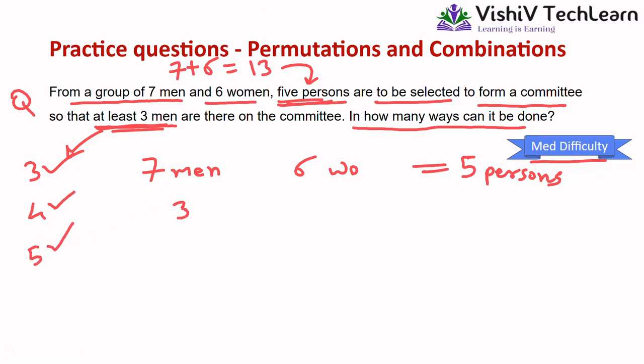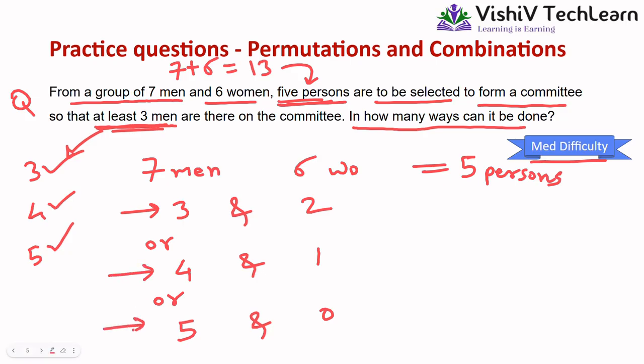So in one possibility we can have 3 men and the remaining 2 women. Or we can have 4 men and 1 woman, or 5 men and 0 women. Correct? So these 3 possibilities we can have, 1, 2 and 3.